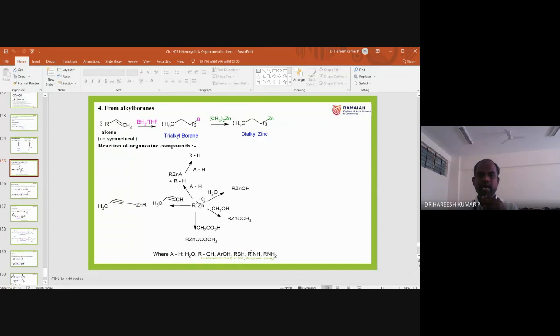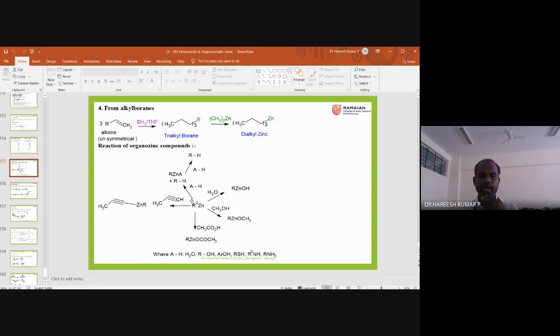Suppose this dialkyl zinc is treated with acetic acid. Here CH3COO minus will form a bond with zinc. The obtained one is called acetoxyalkyl zinc, the product. The byproduct is RH, where R is an alkyl and H is hydrogen, so RH is a hydrocarbon.